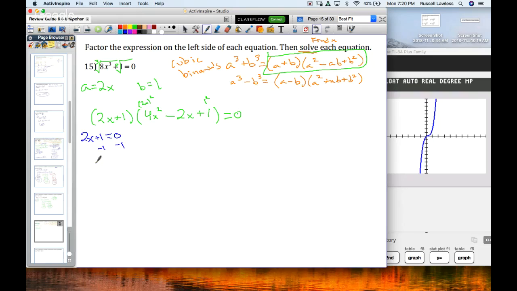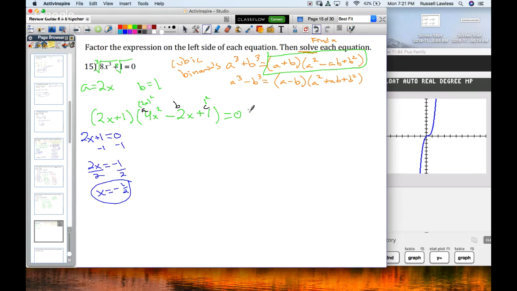So that means I'm going to subtract 1 on both sides to get 2x is equal to -1. Divide both sides by 2, so x is going to be equal to -1/2. And from there, I'm going to take a look at my quadratic equation. So for the quadratic equation, I'm going to set a equal to 4, b equal to -2, and c equal to 1.